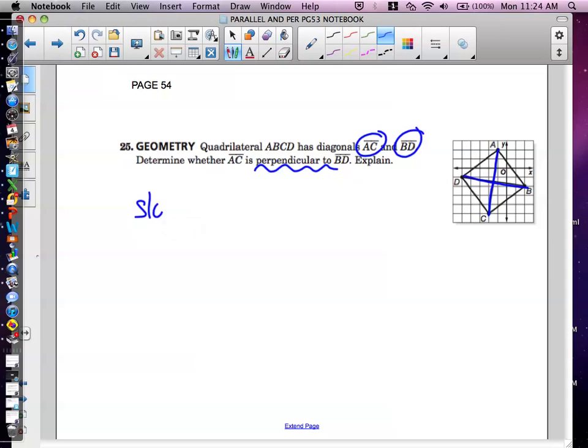First calculate the slope of AC, and then find the slope of BD. If their slopes are reciprocals of each other, and one's positive and one's negative, then you would conclude that the lines are perpendicular. So you need to look at the graph and identify the coordinate points for all 4 points, A, B, C, and D. Then use the slope formula to determine if the two lines have opposite reciprocals for slopes.